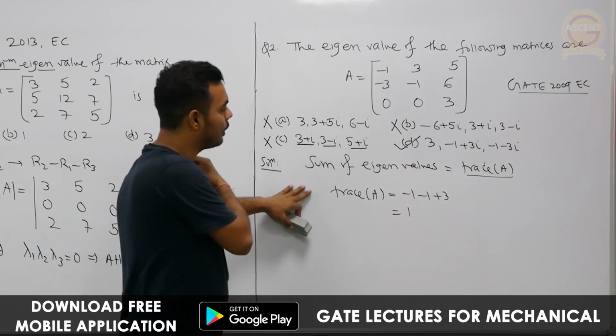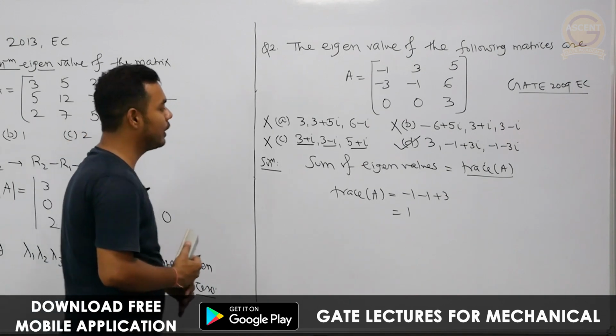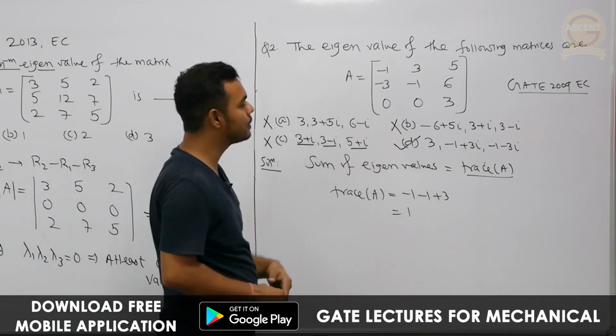If you know one important property of any polynomial equation, then you don't even have to calculate the trace. Simply by seeing the options you can tell what the correct answer should be.